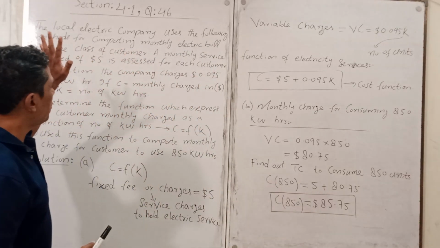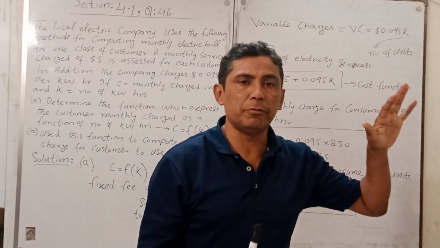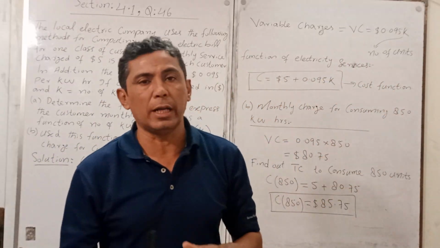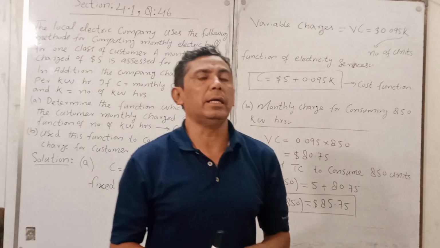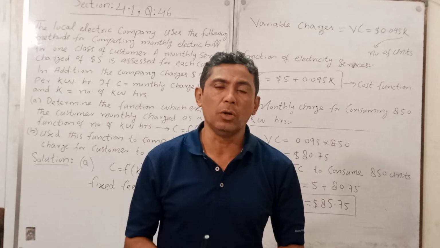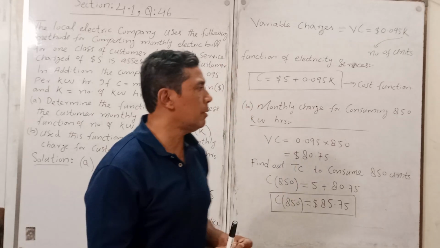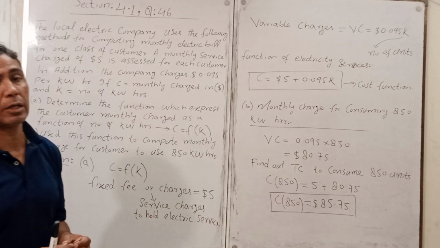In this question, we have $5 as a fixed charge to hold electric services and $0.095 for each kilowatt hour. First we defined a cost function.